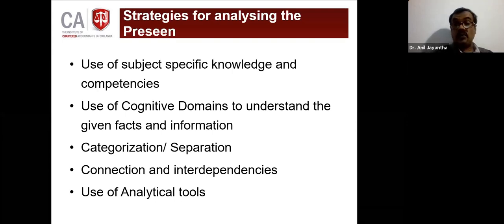What are the analytical tools I refer to here? Again, there is no theory, no handbook, and no specific analytical tool that you must use. No one can say that you must use this tool.